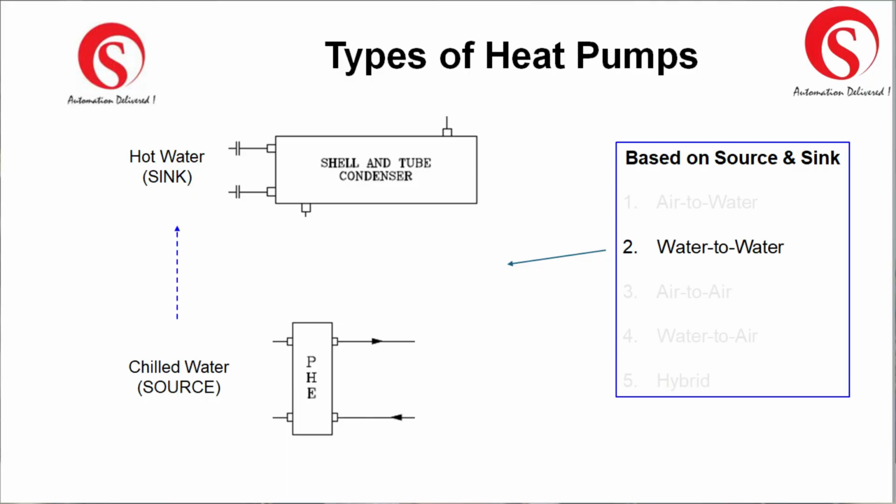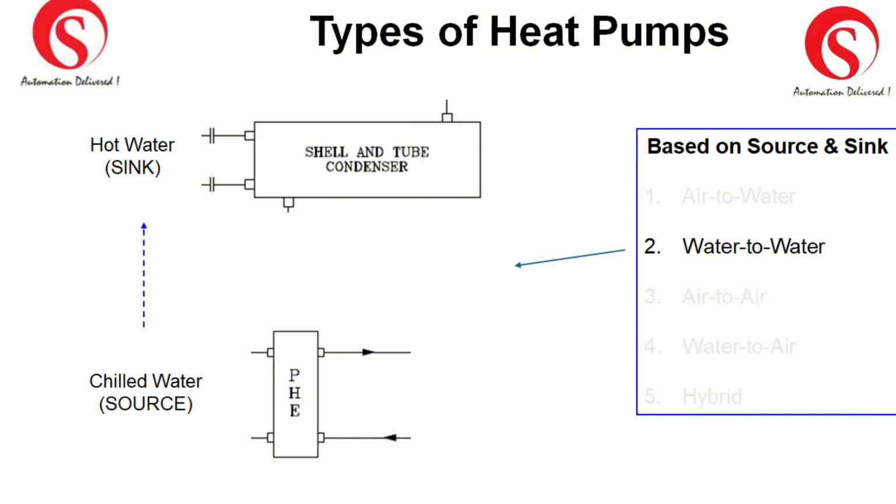So again, water to water. You want to use the heat available from cooling tower water, water to water. You have a chiller plant and you want to take the heat from the chilling system and generate hot water, water to water. So we discussed air to water heat pump, water to water heat pump.